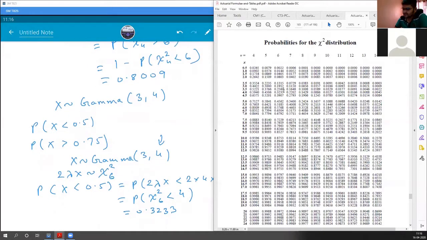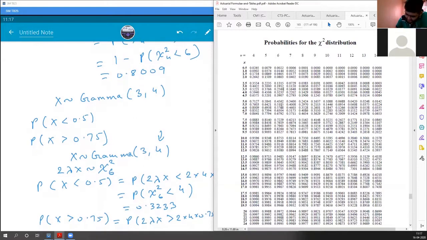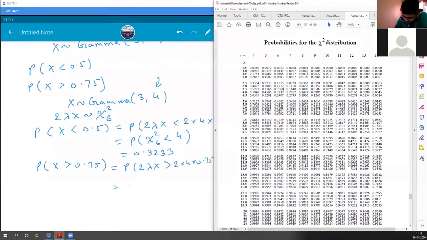So you can do that for 0.75 as well. So we'll get 0.4232.